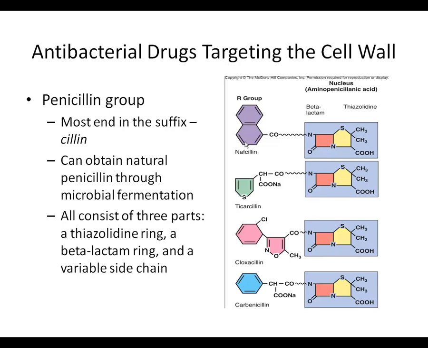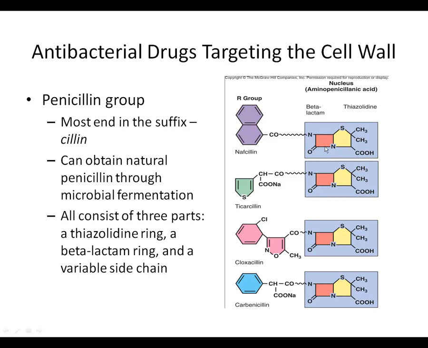They have a thiazolidine ring, which is basically this five-membered ring structure, the yellow one here. Then they have a beta-lactam ring, and then they have a variable side chain. The side chain is what makes each penicillin different. These are basically the R group, if you will, of each of these penicillins. The thing that is most important is this beta-lactam ring here.